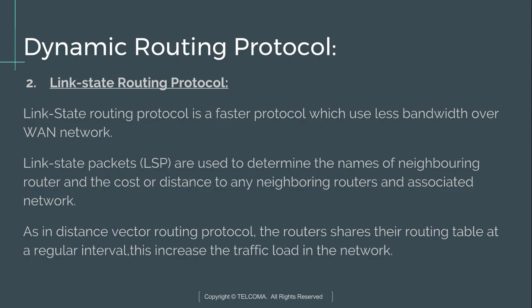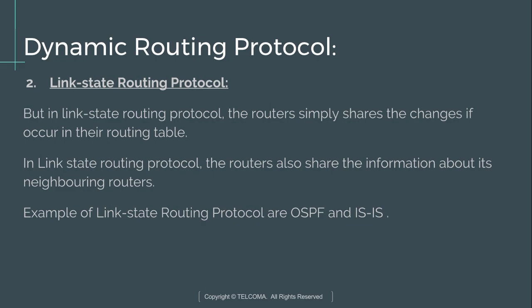As in distance vector routing, the router shares the routing table at a regular interval, every 30 seconds, which increases the traffic load in the network. But in link state routing protocol, the router simply shares the change if one occurs in its routing table. So they only share the change. If any change occurs in the network, only then do they send their routing table. In link state routing protocol, the router also shares information about its neighboring routers. Examples of link state routing protocols are OSPF, Open Shortest Path First, and ISIS, Intermediate System to Intermediate System.